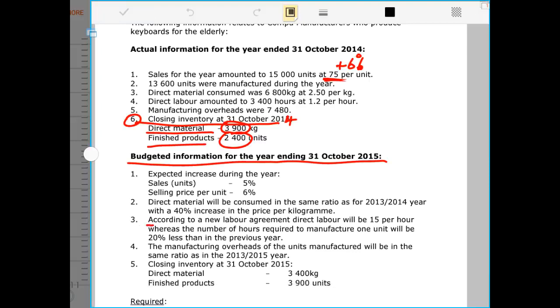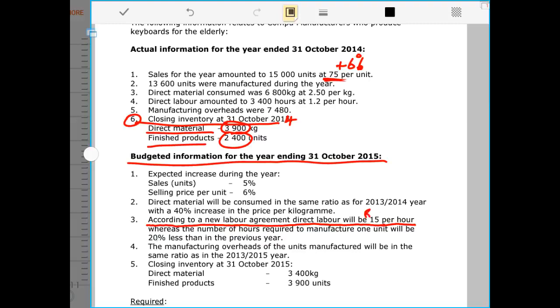Number 3 says, according to a new labor agreement, direct labor will be 15 per hour, which is 15 rand per hour.